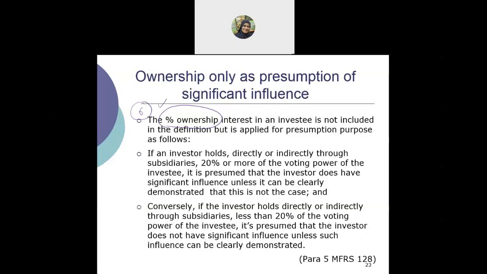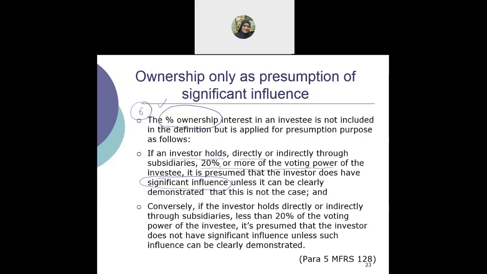If an investor holds, we are using this guideline: if the investor holds, directly or indirectly through subsidiaries, 20% or more of the voting power of the investee, it is assumed that the investor has a significant influence, unless it can be clearly demonstrated that this is not the case.